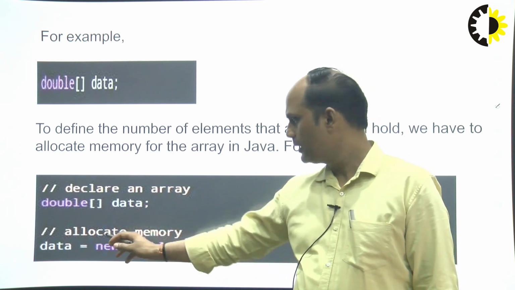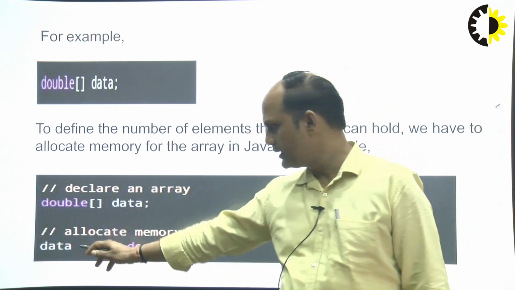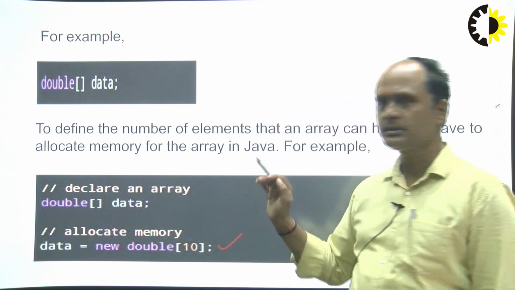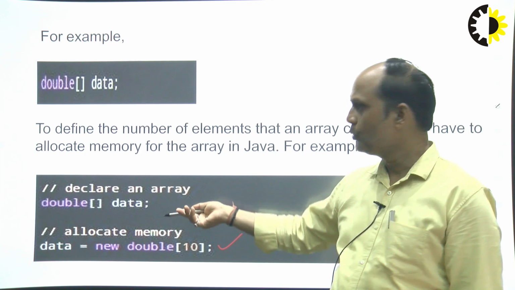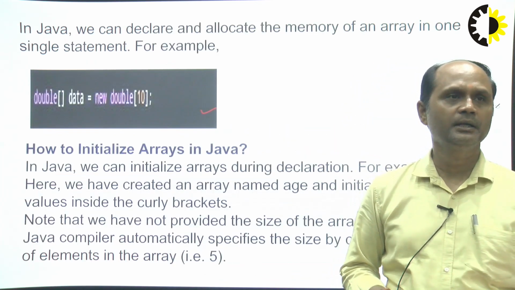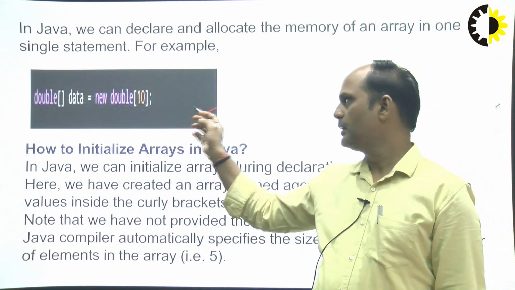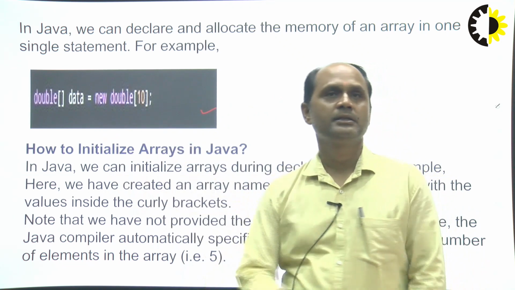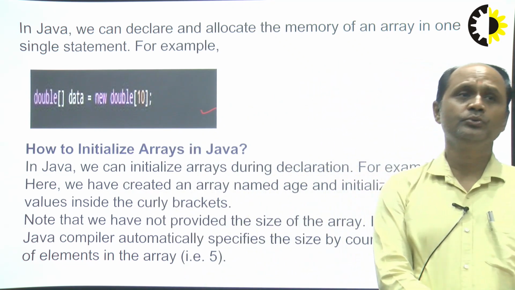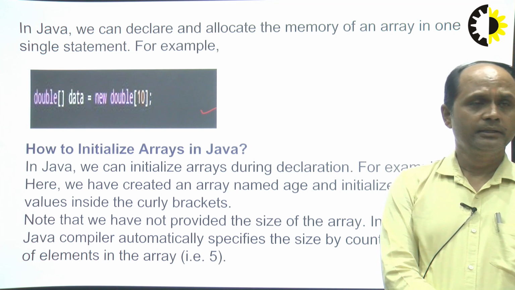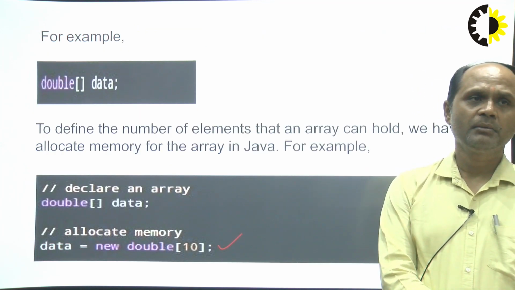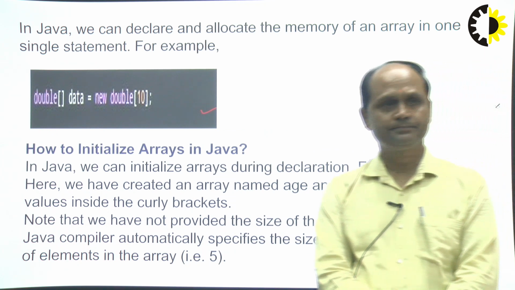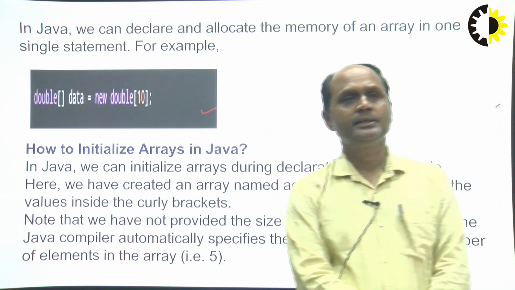Declaration of the array, allocation of memory, that is data, new double and size. We can combine these two statements into one, that is double data equals new double. This is the single statement used to declare, initialize and allocate memory for that array.